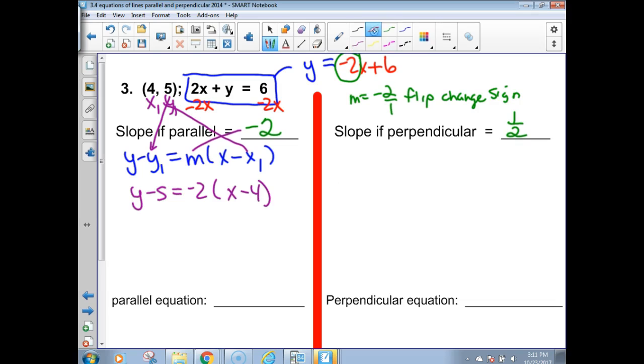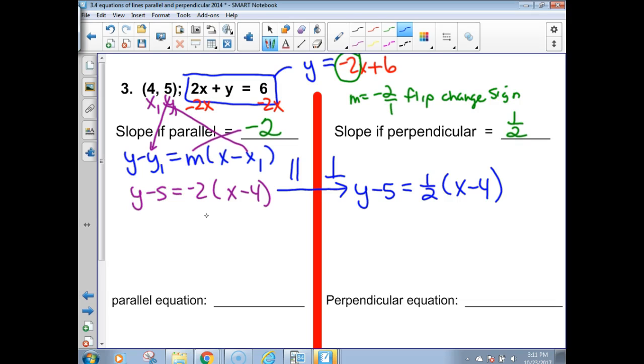Let's go ahead and, since we're doing these at the same time, I'm going to go over here and just copy that. And then I'm going to put in 1/2 instead of -2 for my slope. This one we're doing parallel, this one we're doing perpendicular.